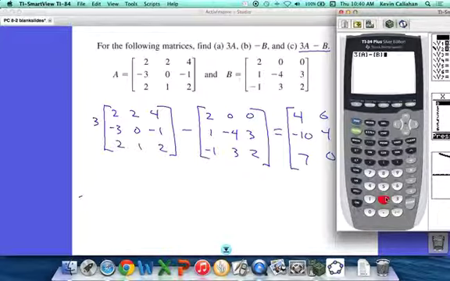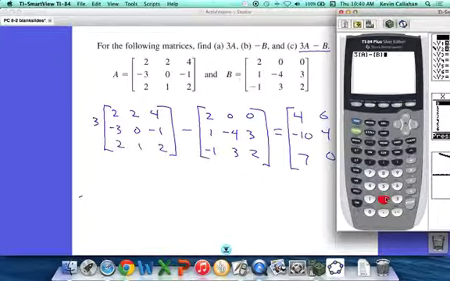Okay, so let's see this one. This is our matrix equation. We want to solve it like we did on the last slide.